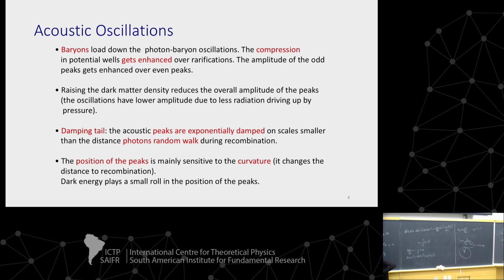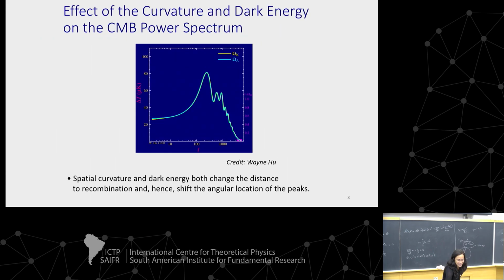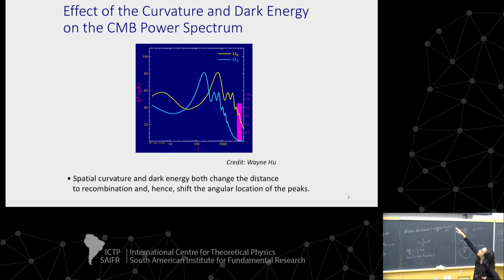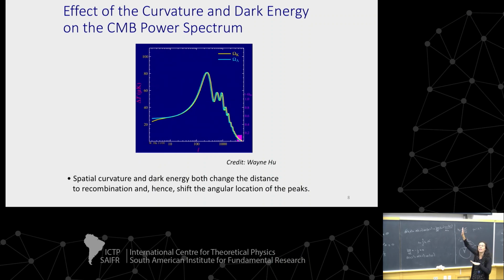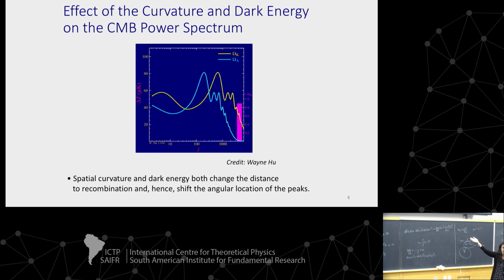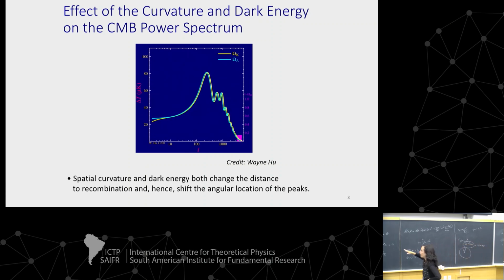So when you show the plot increasing the curvature, it appears that you have an extra peak, appearing at large scales, small l. Ah, yes, I know what you're talking about. Let's look at the dark energy, for example. The effect of seeing the plateau get enhanced over large scales is exactly what I was telling you about, the integrated Sachs-Wolfe effect. This is related to the gravitational potential.